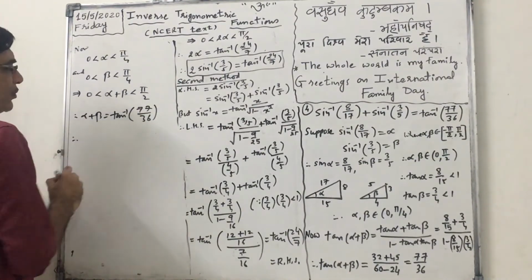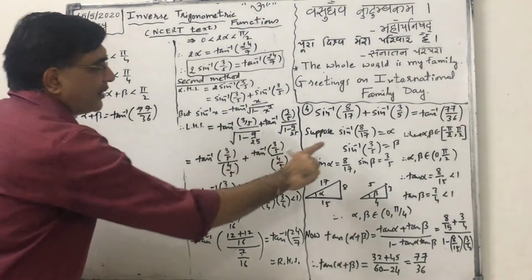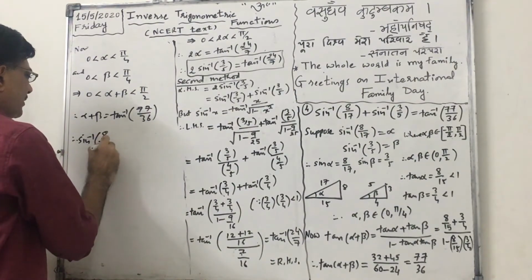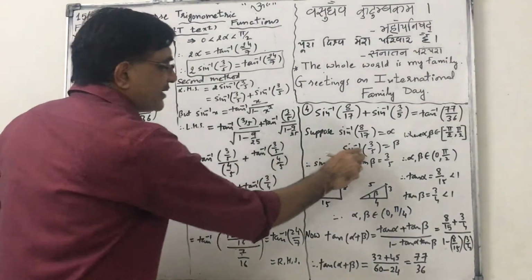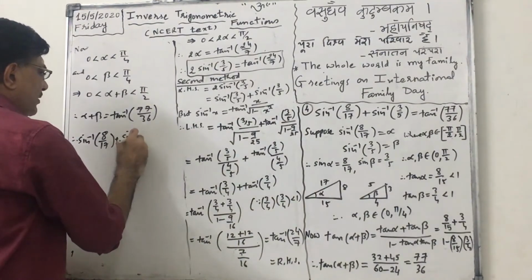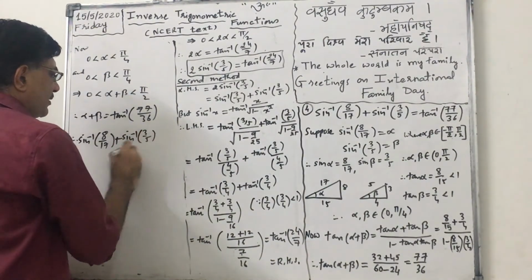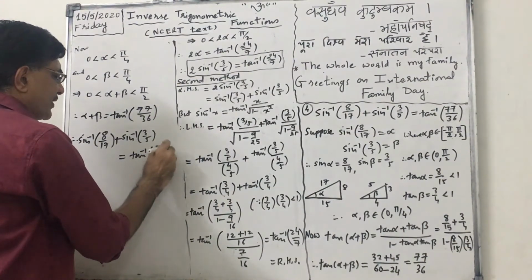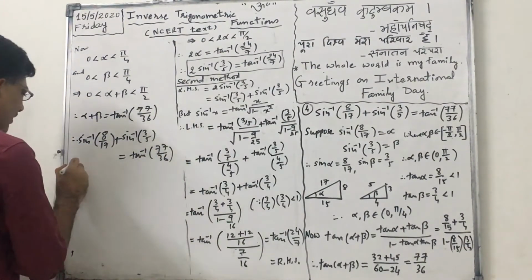Okay, therefore alpha, which is sin inverse of 8 by 17, plus beta, which is sin inverse of 3 by 5, equals tan inverse of 77 by 36. Okay, second method.